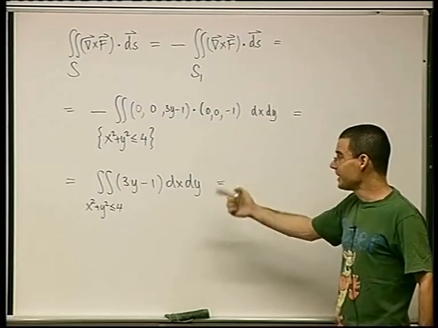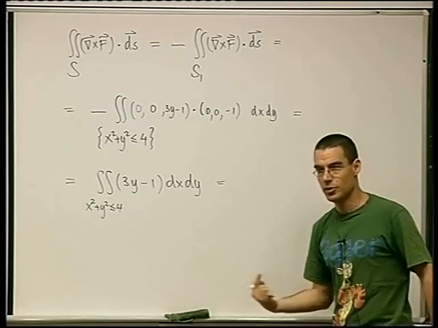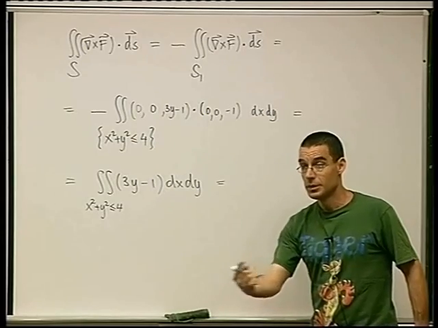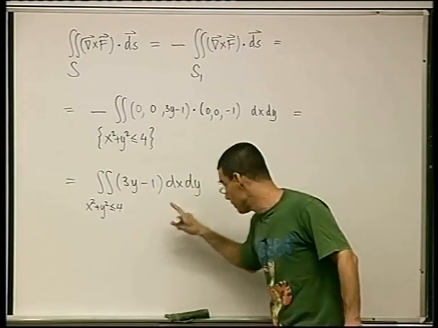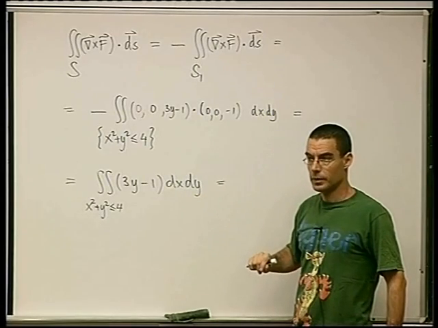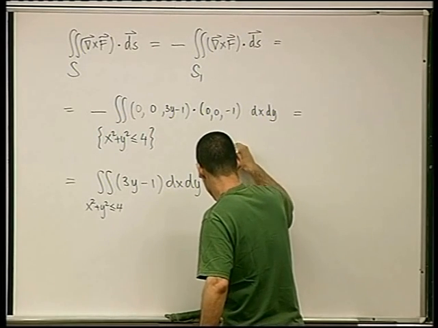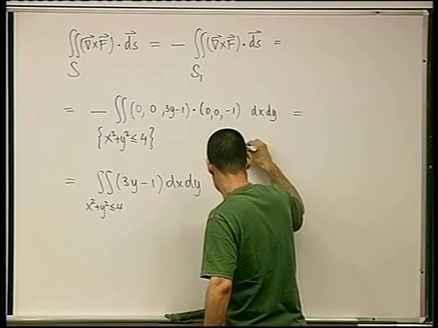And now how do I calculate an integral over a domain which is rather circle-ish? Right, change variables of a double integral to polar coordinates, right? So I'm changing variables now.